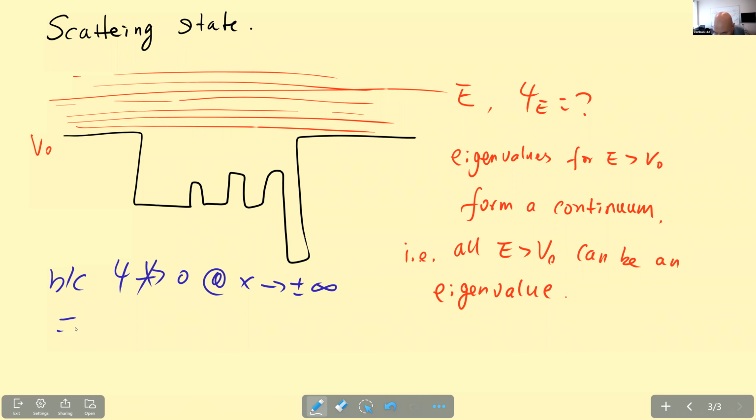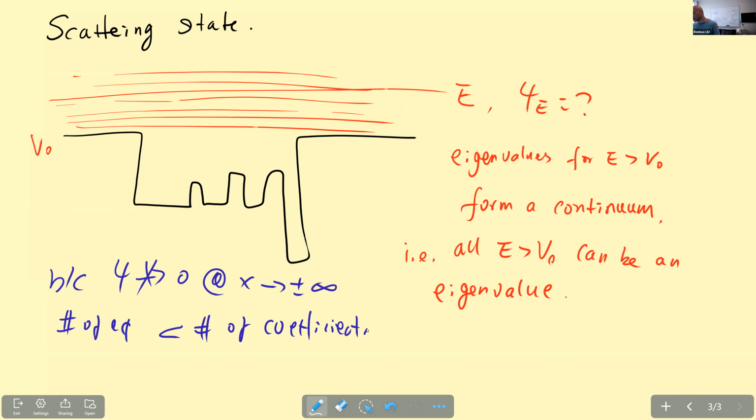So the number of equations will be less than the number of coefficients if you divide the space into different regions and connect them. So you have more coefficients than equations, and according to mathematics there's always a solution. So all values above V0 can be eigenvalues. Okay, these are general remarks.